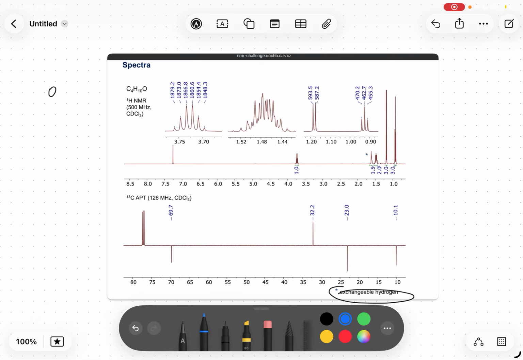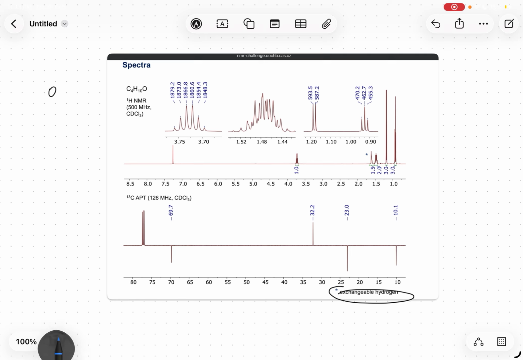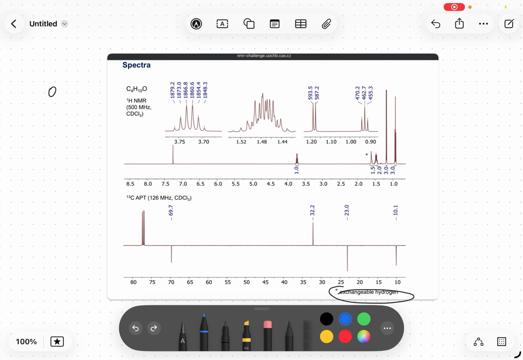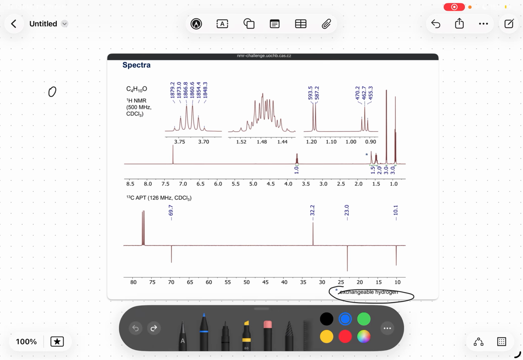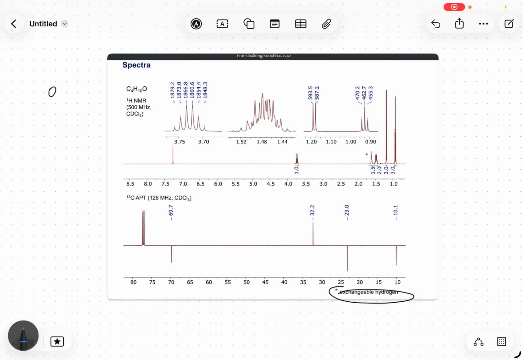Maybe let me change color. So exchangeable hydrogens are usually those attached to your oxygen, or those that can exchange with a solution, because you have CDCl3, so basically the proton can just fall off and exchange with a deuterium in an NMR solvent.